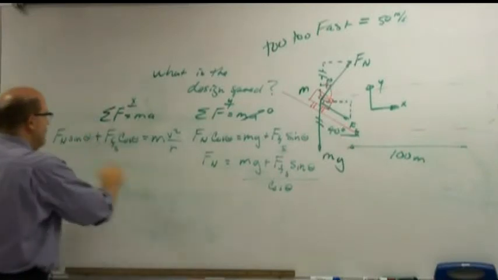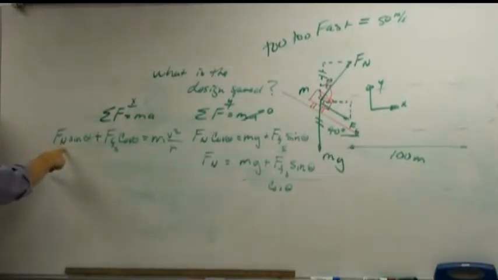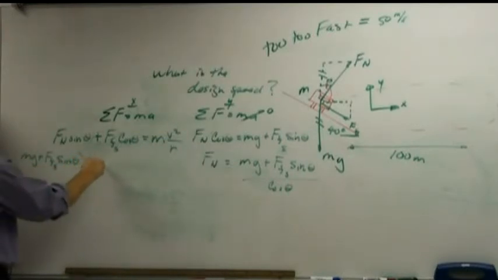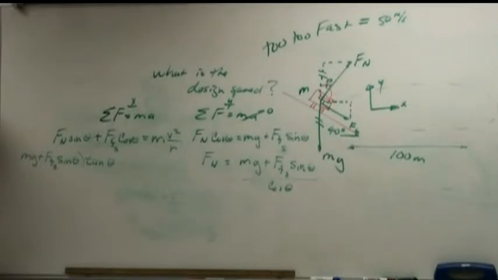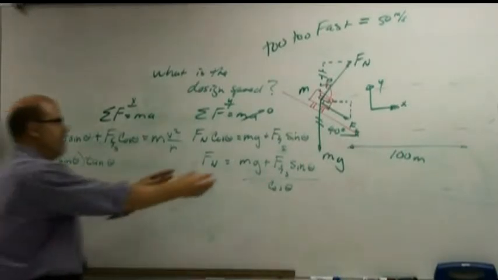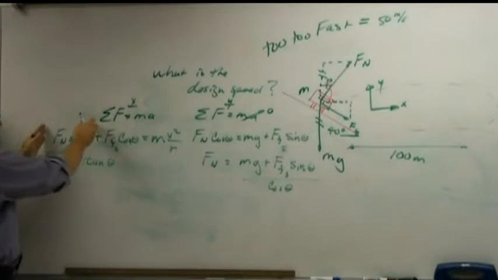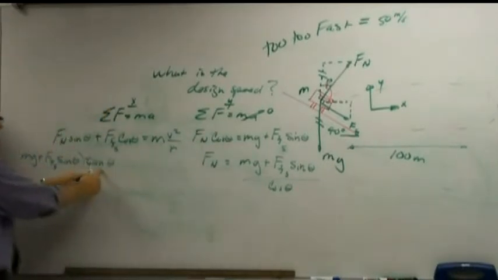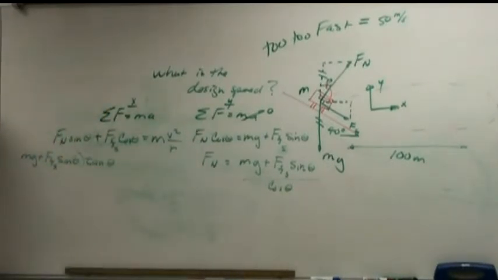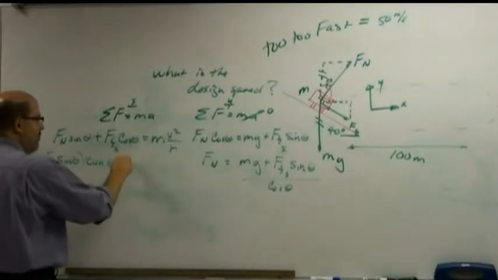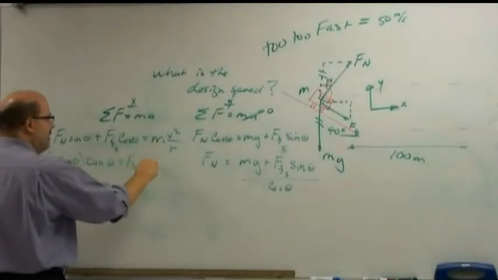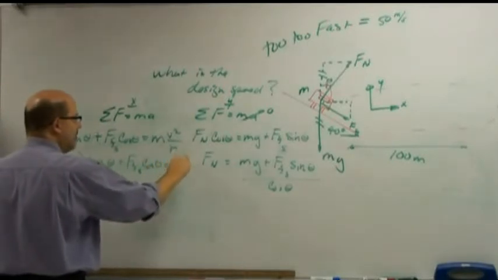That goes in here, which gives me mg plus force friction static sine theta times tangent of theta, because this all gets chunked in over here. The sine over the cosine gives me a tangent. Plus force friction static cosine theta equals mv squared over r.